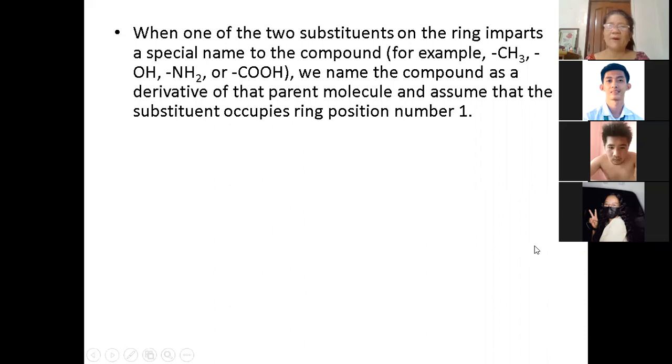We name the compound, for example, as methyl, OH, alcohol, amine, carboxylic acid, as a derivative of that parent molecule and assume the substituent occupies ring position number 1. So your parent name will have carbon 1.